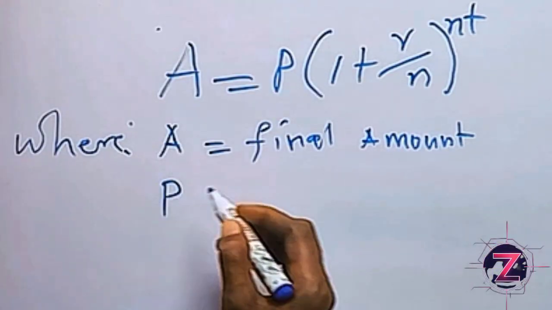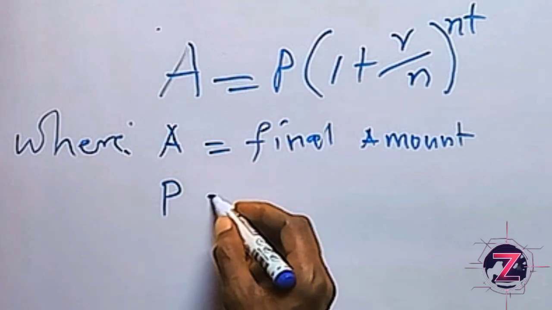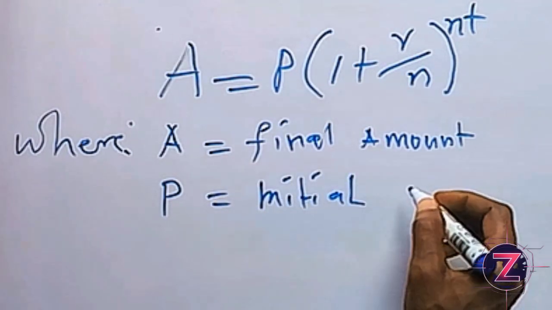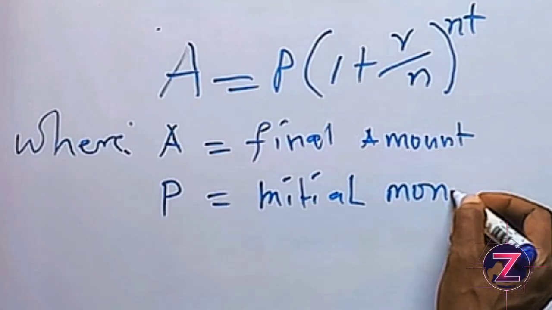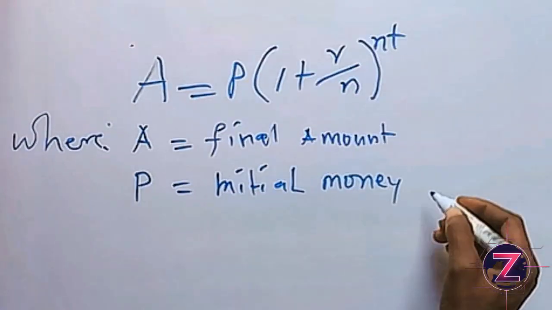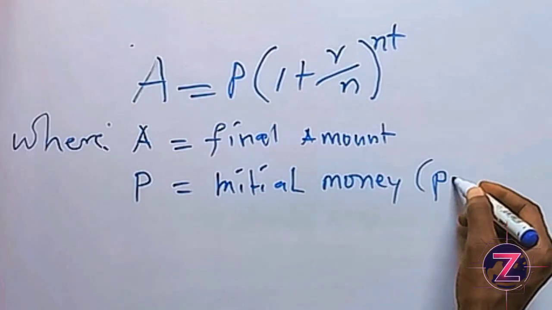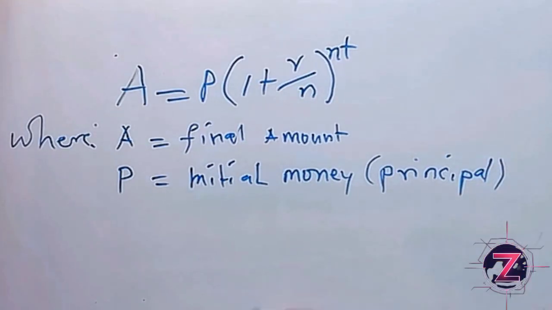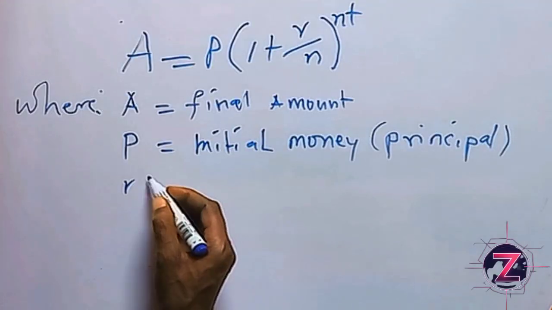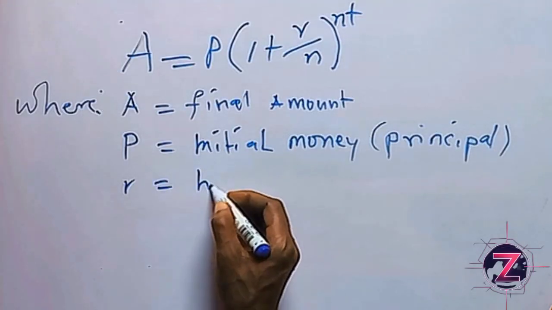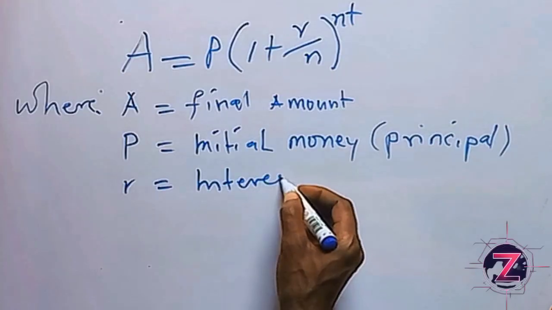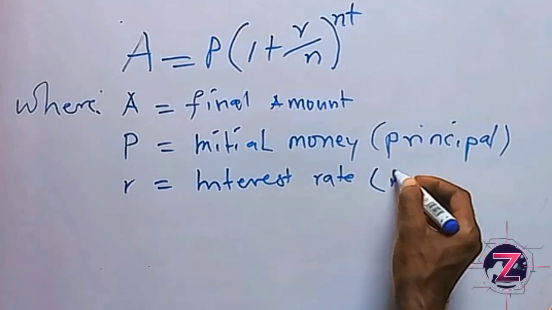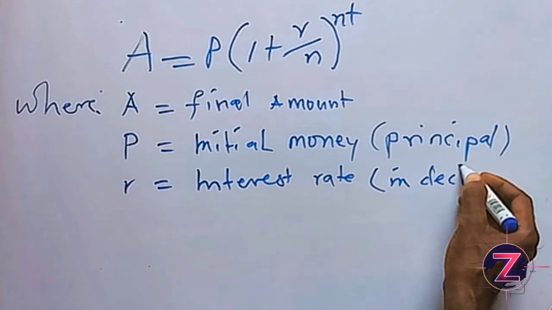P in this formula is always your initial money, also called the principal investment. R is the interest rate in decimal.